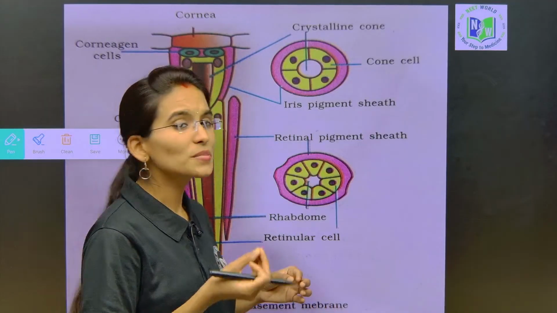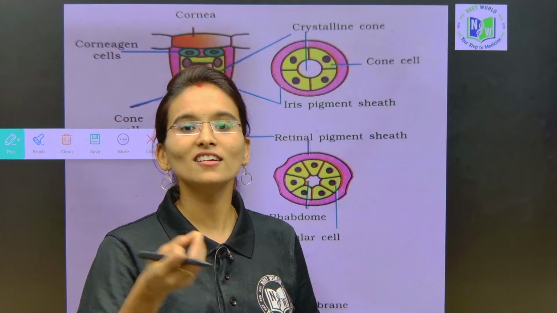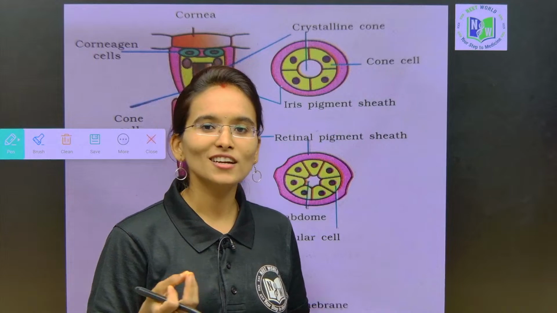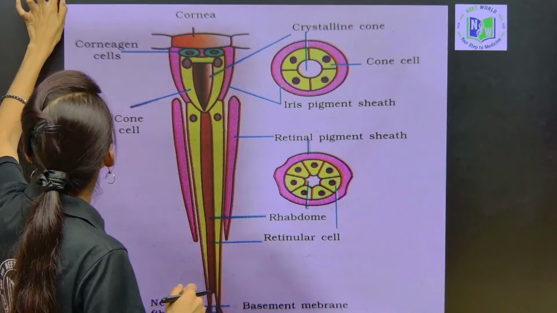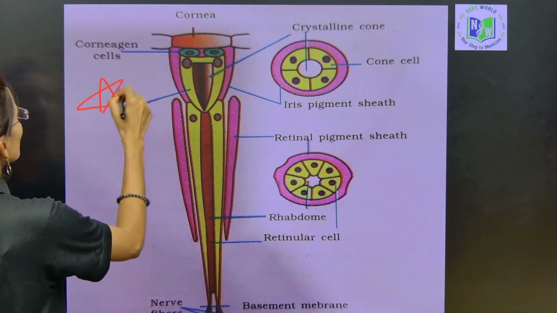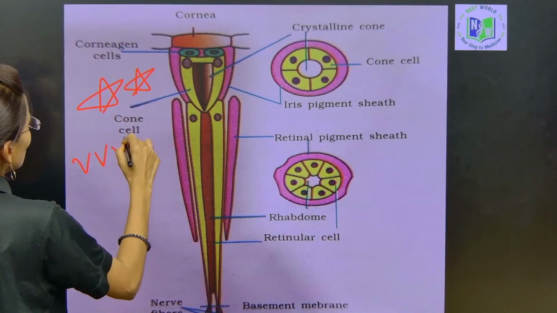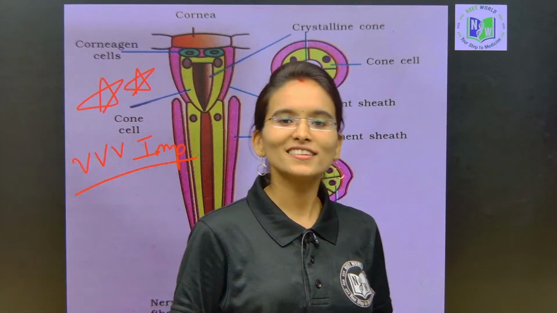Apart from this, sometimes we may get questions like the male reproductive system and female reproductive system of the cockroach, but in rare cases. Mostly the diagrammatic questions we can expect are only these two: the structure of the ommatidium and the mouth parts of the cockroach.